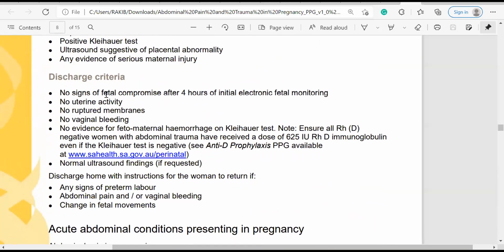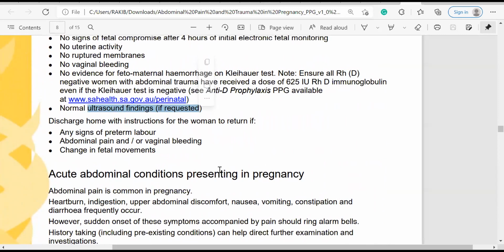What are the discharge criteria? If no sign of fetal compromise after 4 hours of initial electronic fetal monitoring, that's the CTG. No uterine activity, that means no uterine contraction, which means it's not a preterm labor. No rupture of membranes, so it's not a PROM, premature rupture of membrane. No vaginal bleeding, most likely not a case of abruption, not a case of rupture uterus.